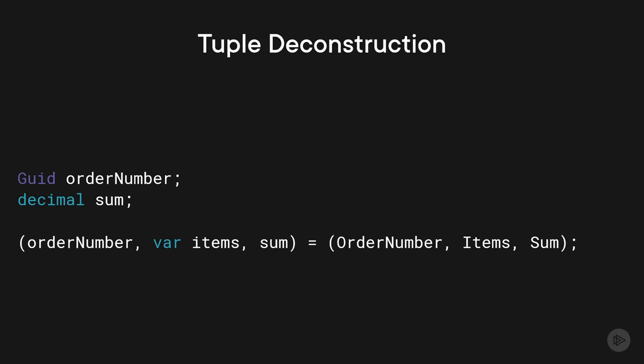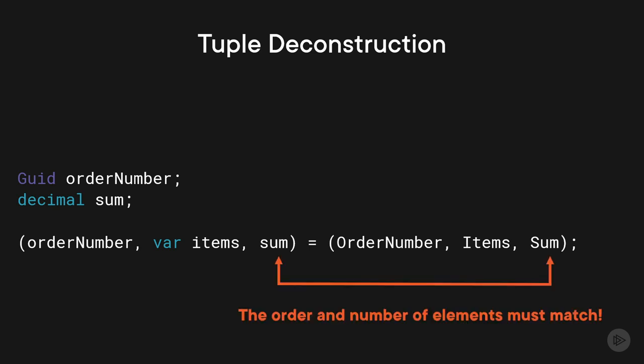The code generated by the compiler will be similar no matter if you deconstruct into an already existing variable or if you deconstruct into new variables. Remember, it's really important that the left-hand side and the right-hand side have matching number of elements. Otherwise, you'll get a compiler error.